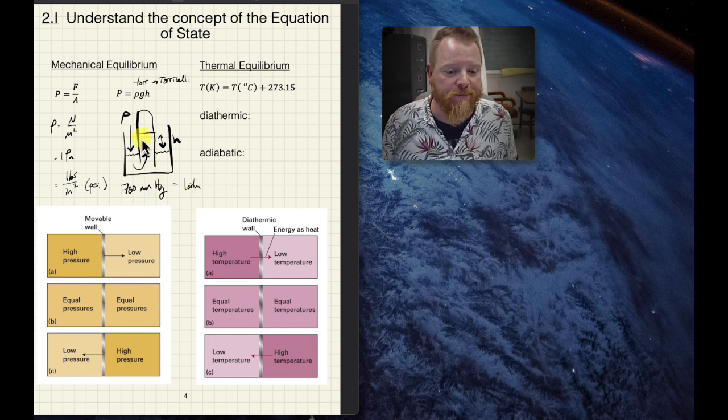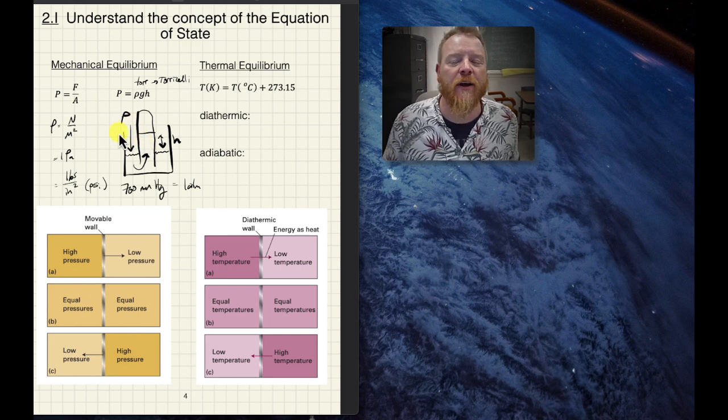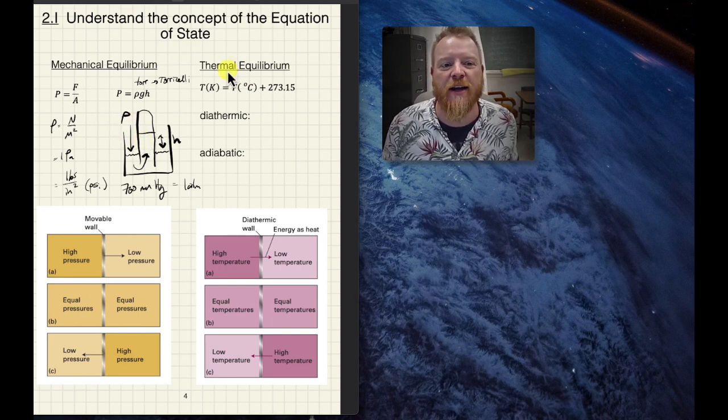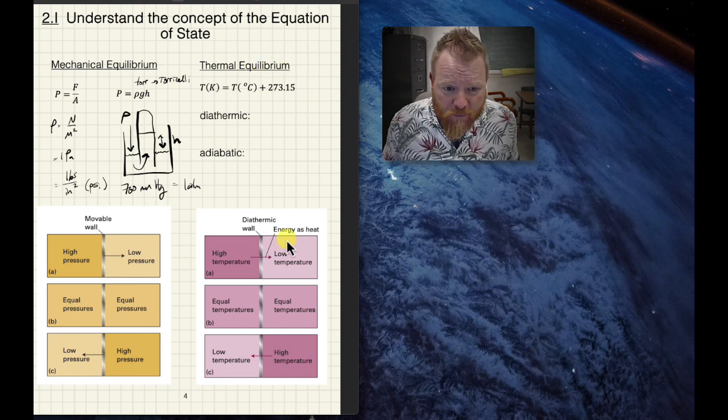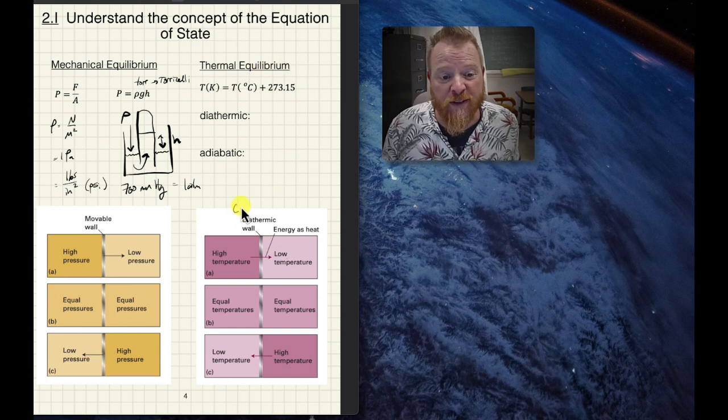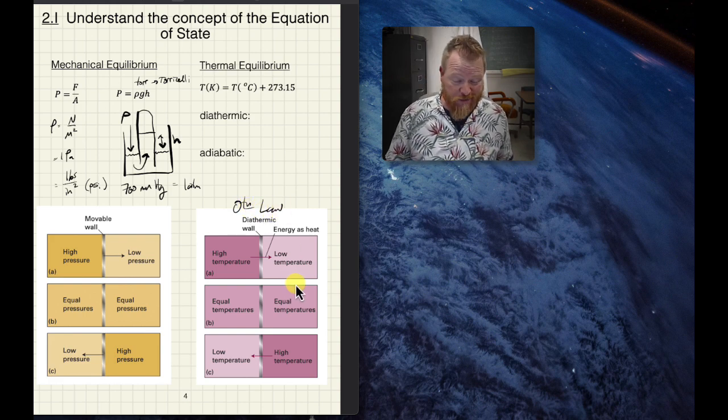And of course, if it were a different liquid with a different density, we know that that would have a different height. Okay, additionally, another thing to talk about in our understanding of concepts of equations of state, thermal equilibrium. So we first start with what is known as the zeroth law of thermodynamics.